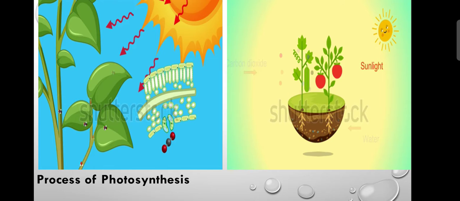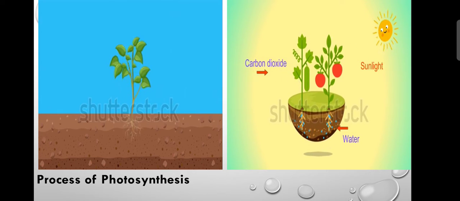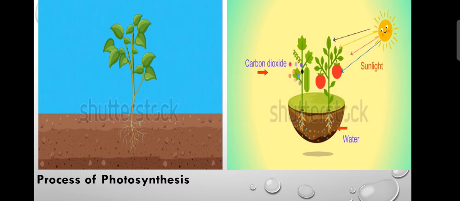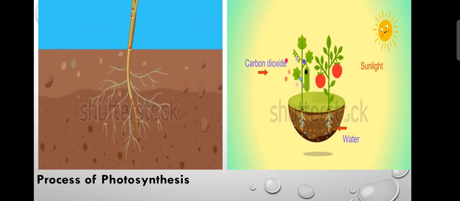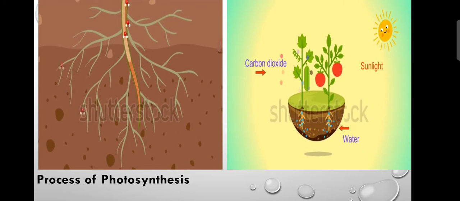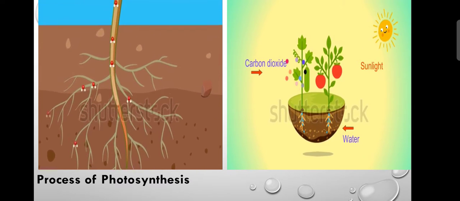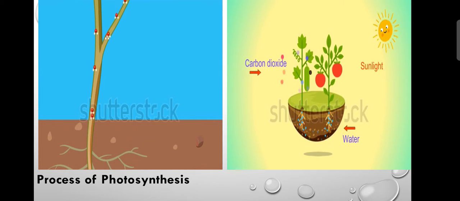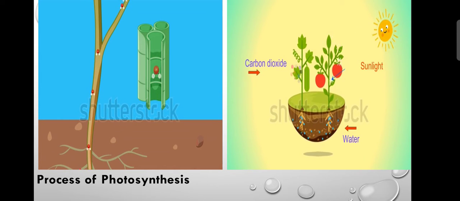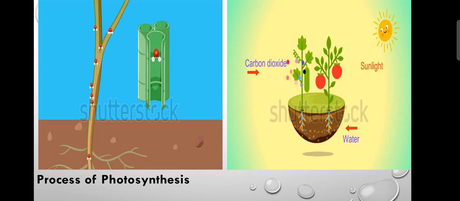If we see the photosynthesis process, then we can see from this, both sides showing the photosynthesis process. Here sunlight is coming, carbon dioxide is getting and water from soil, the plant is producing fruit.